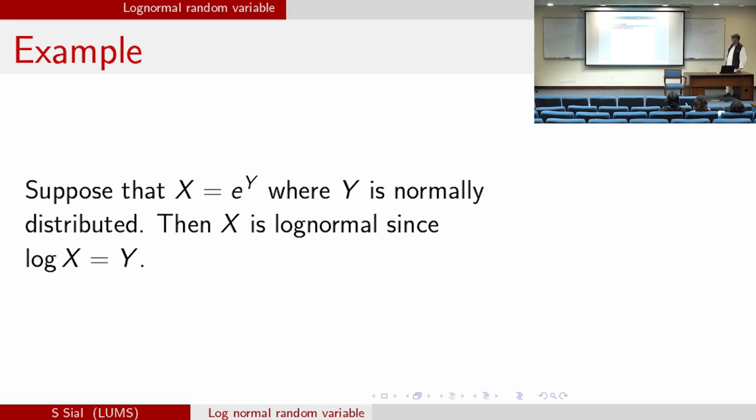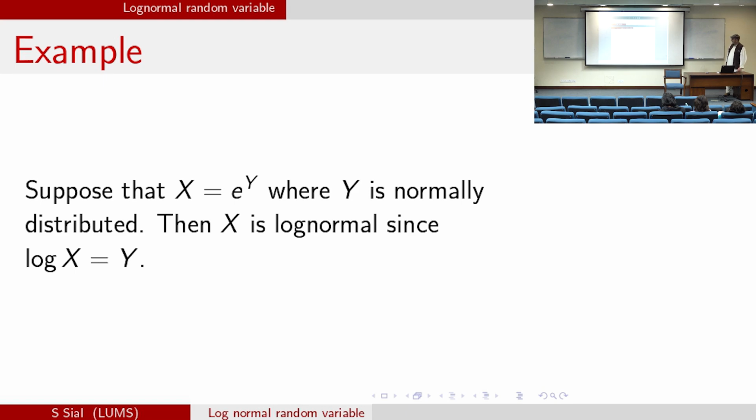So how about this? Let's say y is normal. Then the exponential of y is a new random variable. Let's call that x.